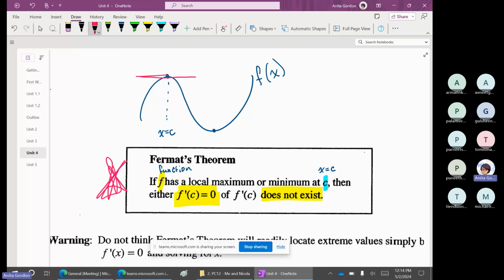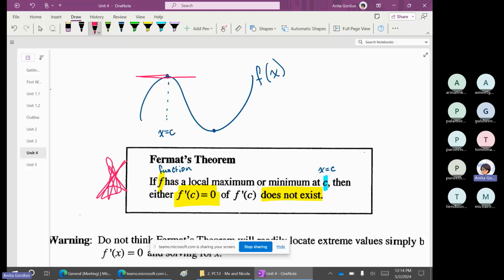We already know this from sketching curves in the last unit, right? At a peak or a valley, when the function changes direction, the instantaneous rate of change at that point must be 0. Alternatively, it could just not exist.